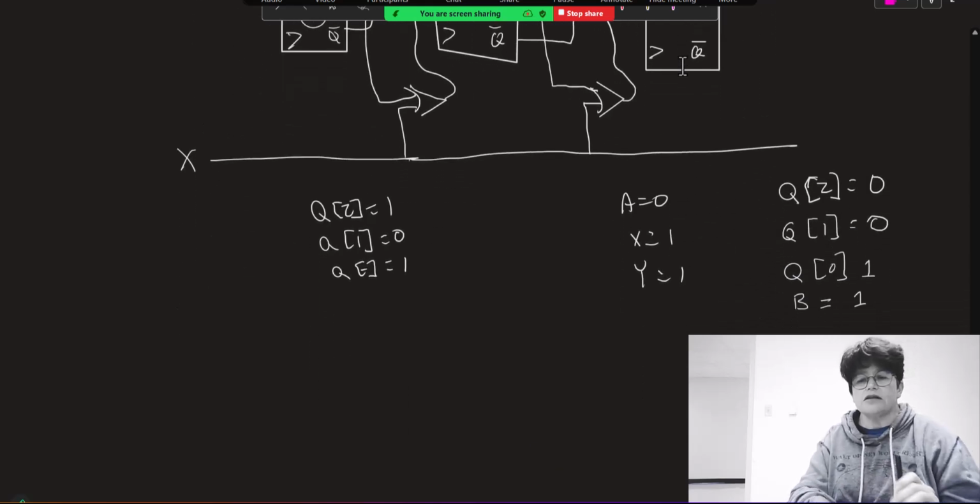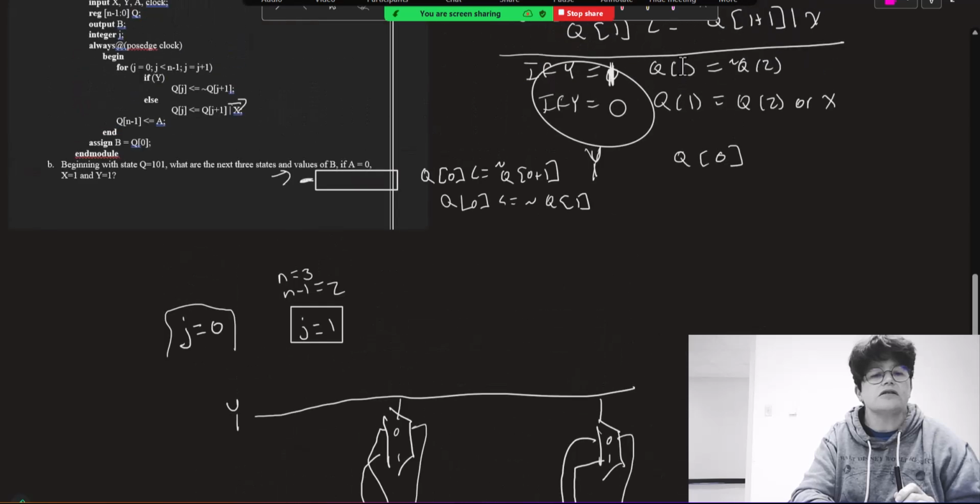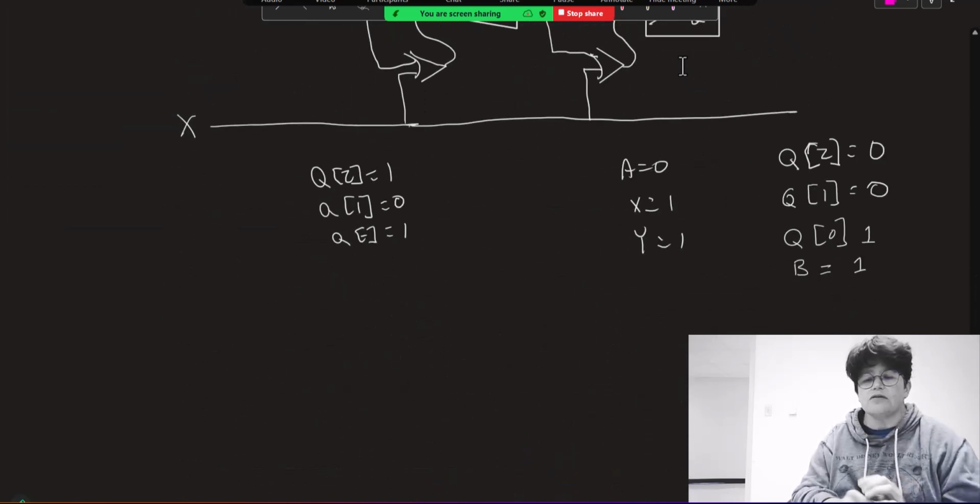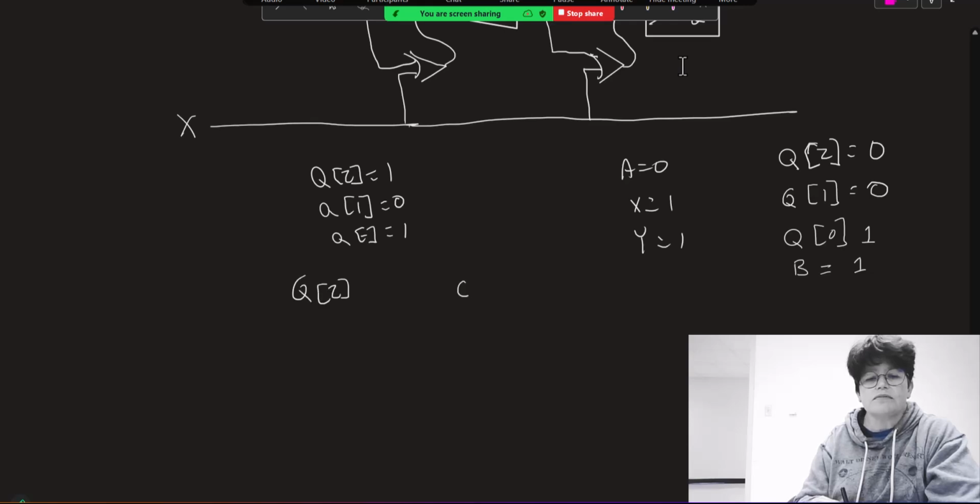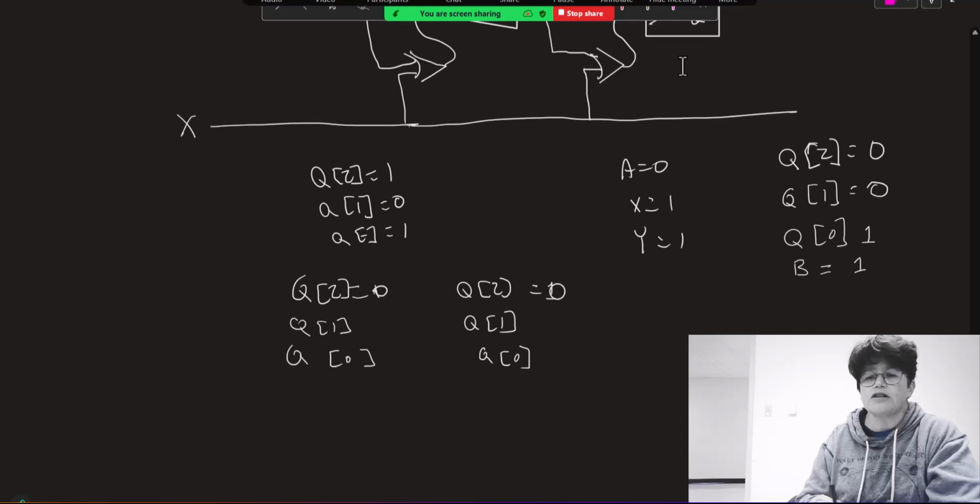Is that the next state or the next three states? Next three states. But now we know how to do it. It'll be easy. What's Q2 always going to be? It's always going to be A, so Q2 is going to be 0.